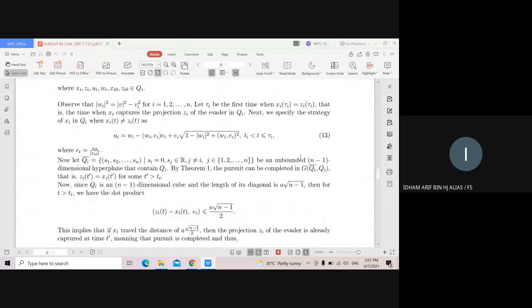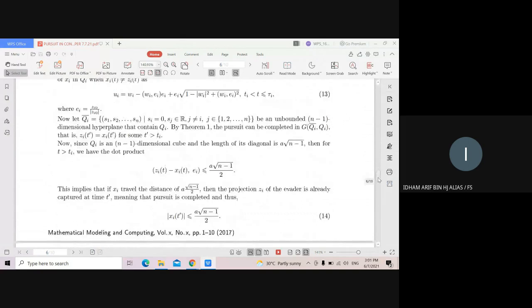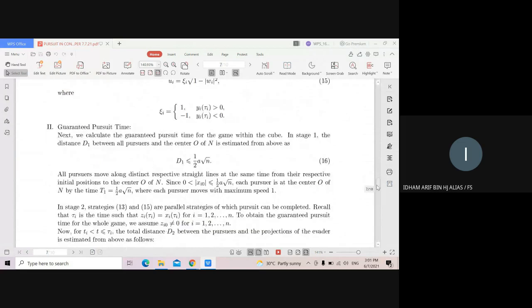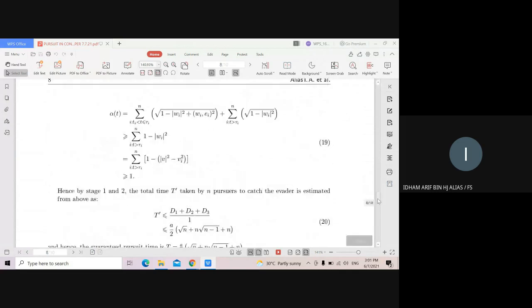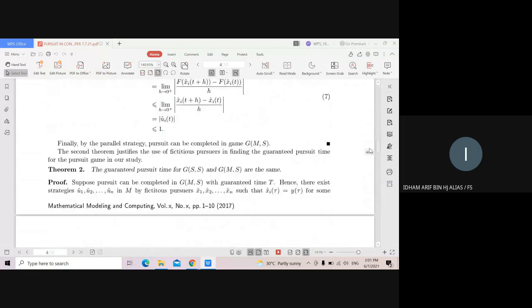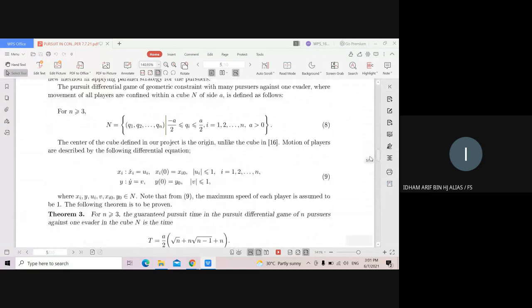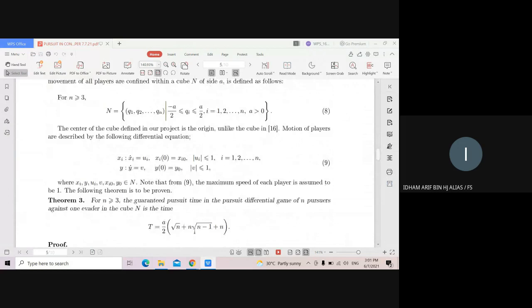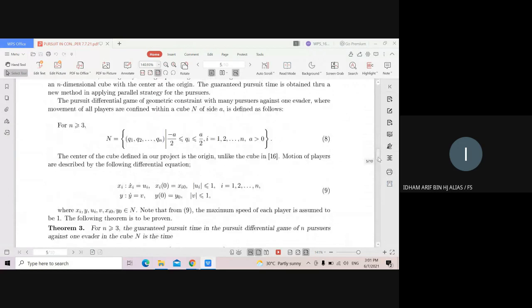So from those two stages, we obtain our guaranteed pursuit time, as we saw in theorem 3 just now. And from these two stages, we get our main result, which is theorem 4.